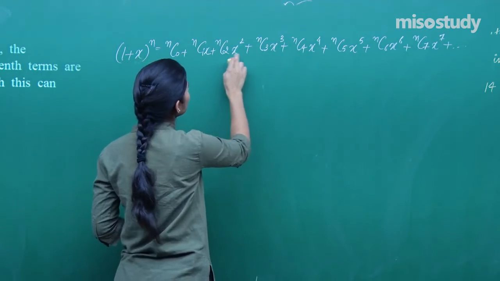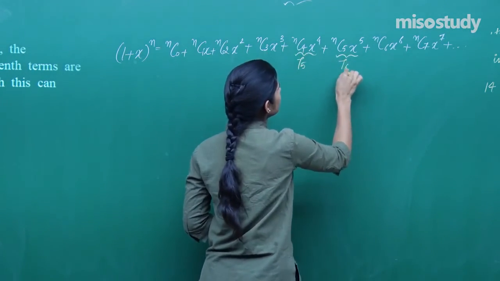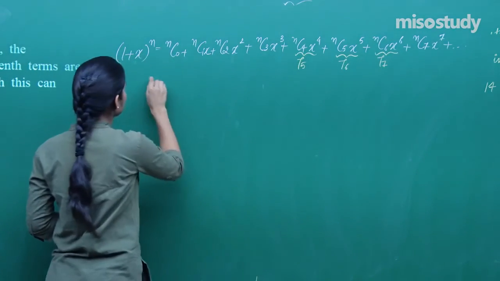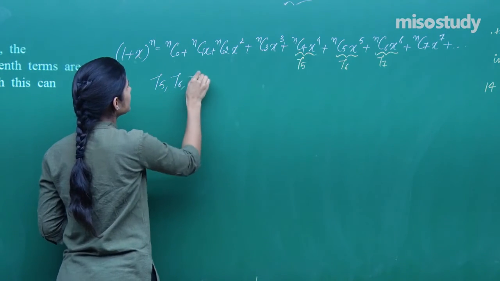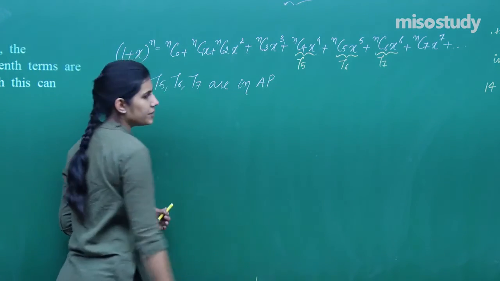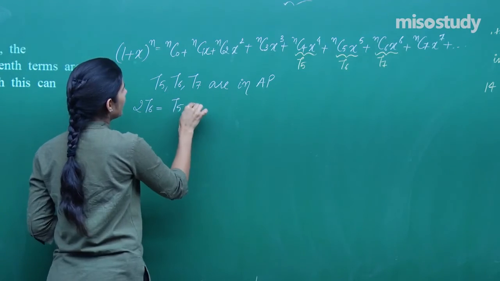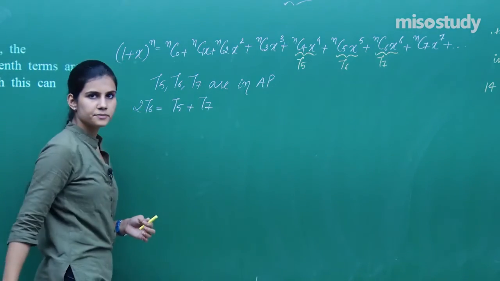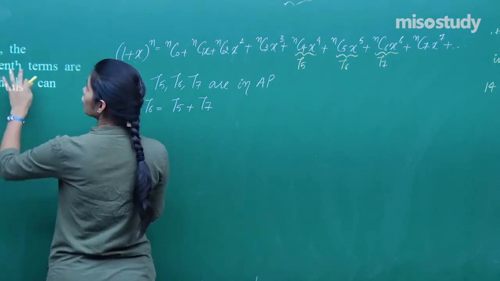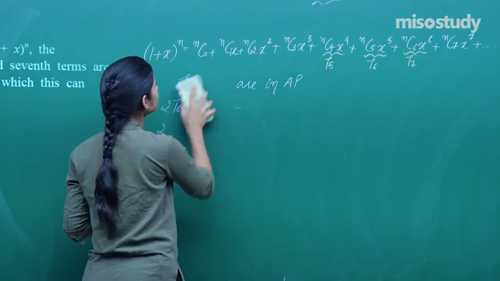First term, second term, third term, fourth term, 5th term, 6th term, 7th term. I am saying T5, T6, T7 are in AP. That means twice of term 6 is term 5 plus term 7. Not the terms, but actually the coefficients are in AP.